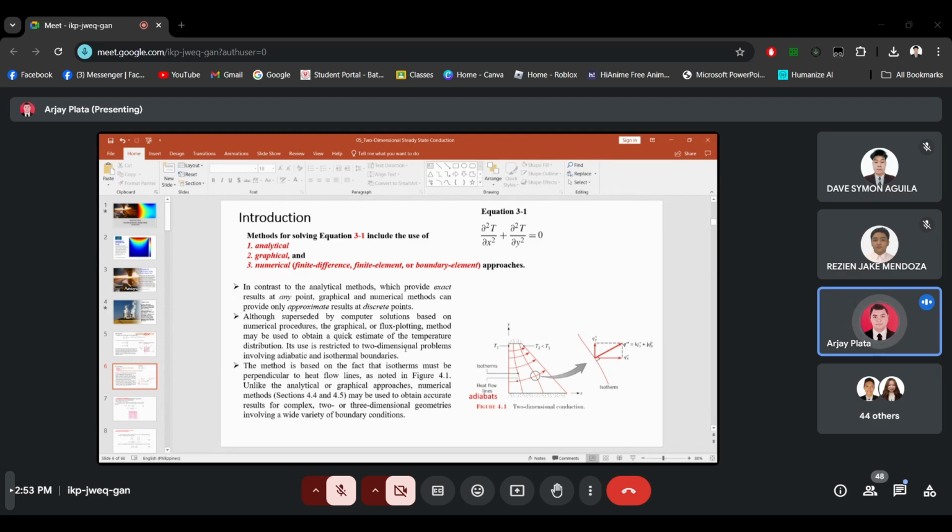Yeah, page 48. So it's the two-dimensional steady state conduction. So what I am discussing today is also in your module, so you can refer to page 48.